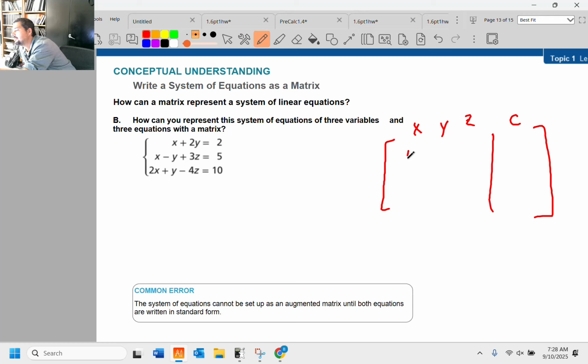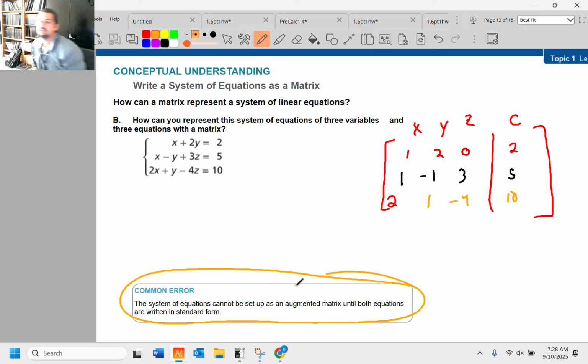There is 1 x, there are 2 y's, there are no z's, and the constant is 2. There is one x, there is a negative 1y, there are 3 z's, and the constant is 5. There are 2 x's, there's 1 y, there's negative 4 z's, and the constant is 10.